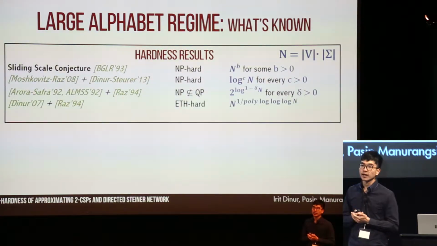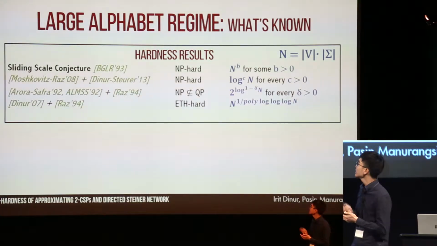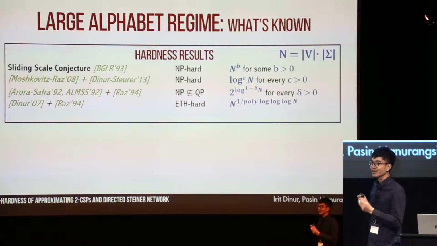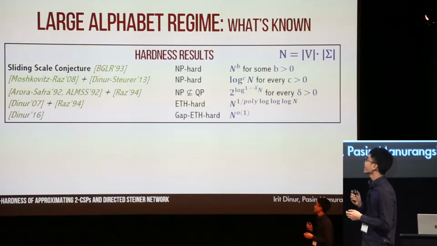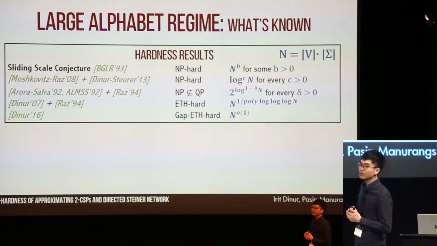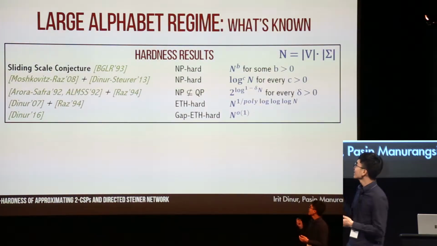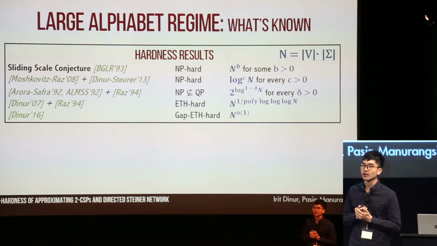If we assume ETH, which I will define a little more formally in a couple of slides, then the ratio can be improved to N to the 1 over poly log N. I hope I get the number of logs correctly. And lastly, if we assume the even stronger Gap-ETH hypothesis, then the ratio can be improved to N to the any function that goes to 0 with N, say N to the 1 over log star N.